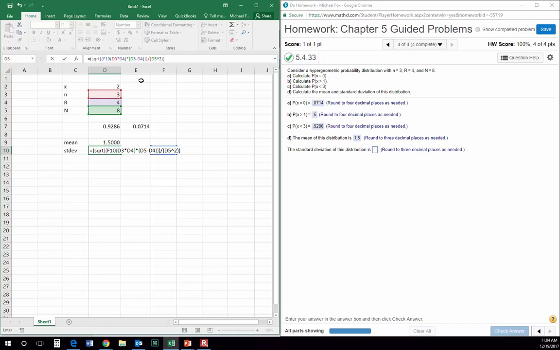And we multiply that times the square root of big N minus little n, divided by big N minus 1.